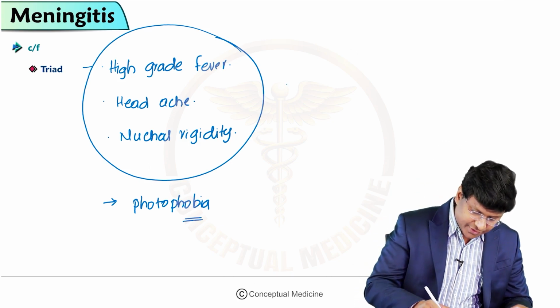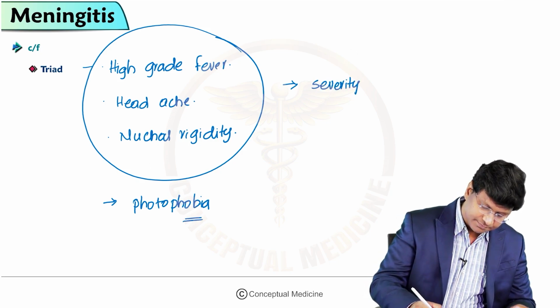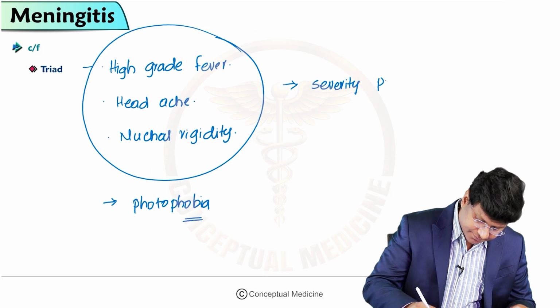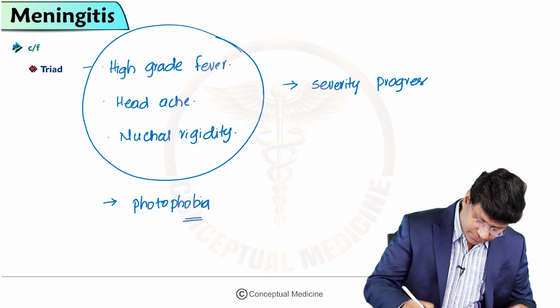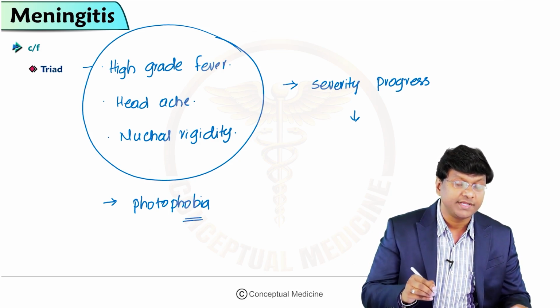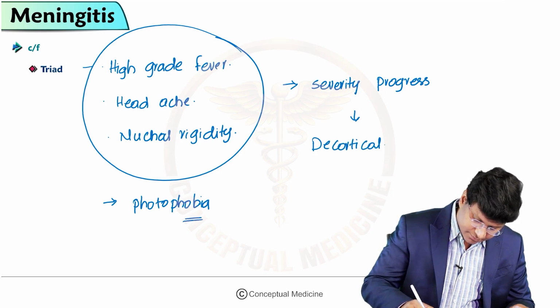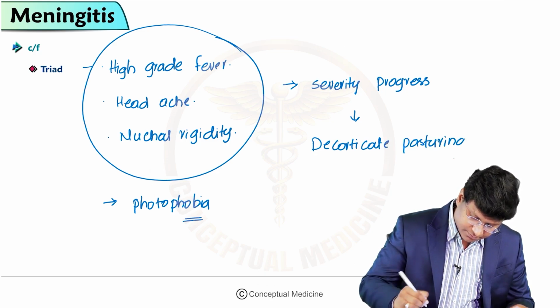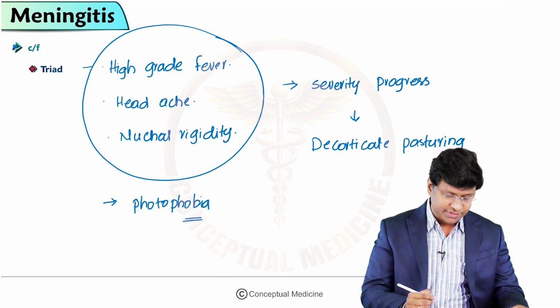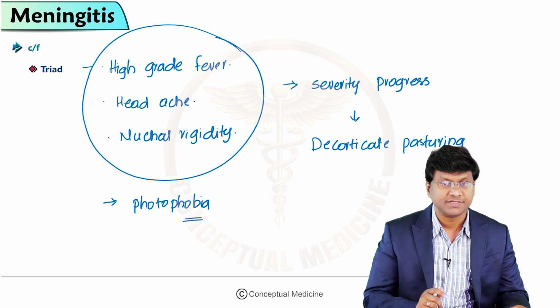And as the severity of the meningitis progresses, there will be decorticate posturing as well. Okay, that is about the clinical features that you will have in patients with meningitis.